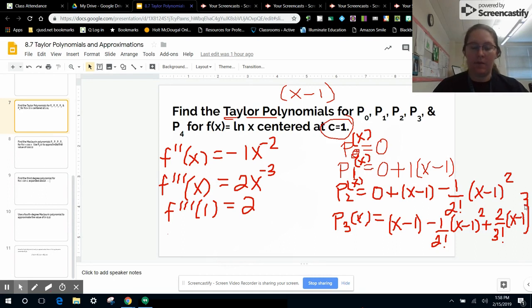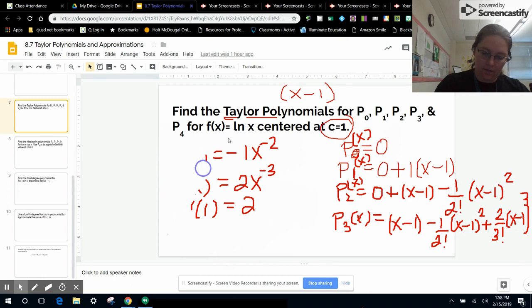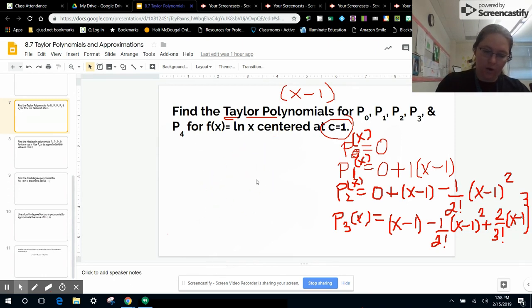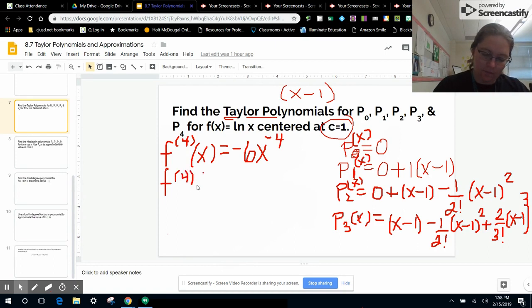All right, and so now we have the fourth degree to do. So my fourth derivative of x is, now I bring down that negative 3 and I get negative 6 x to the negative 4. So if I plugged in 1 to that, I would get just negative 6.